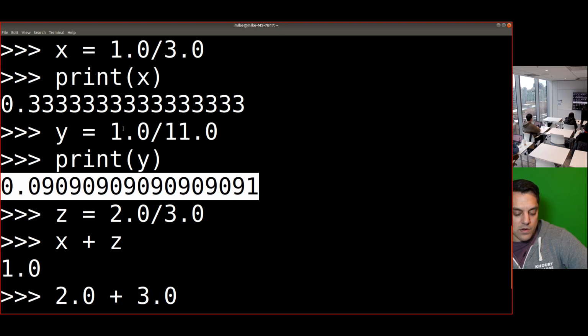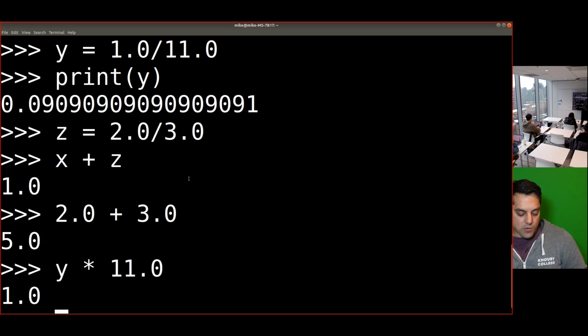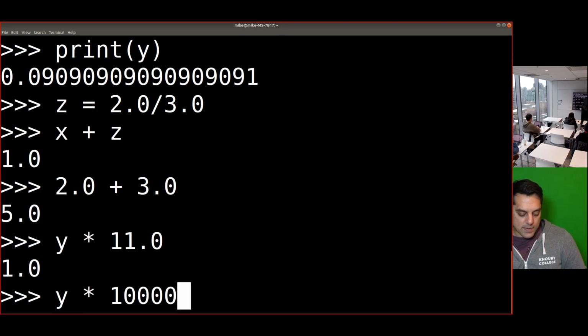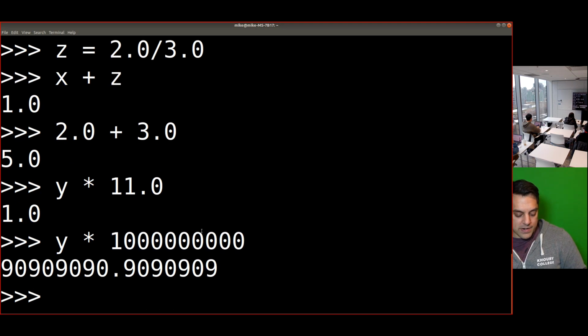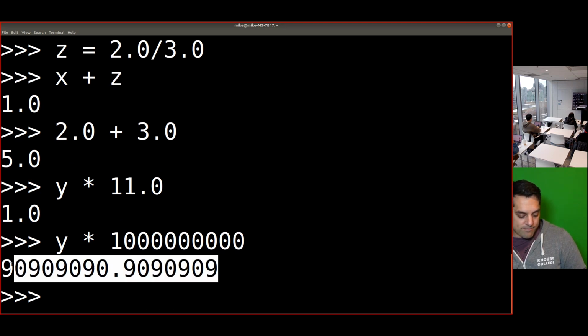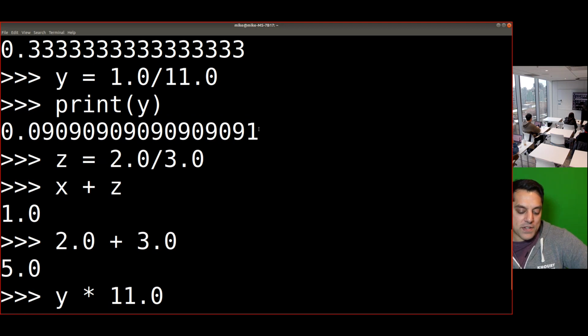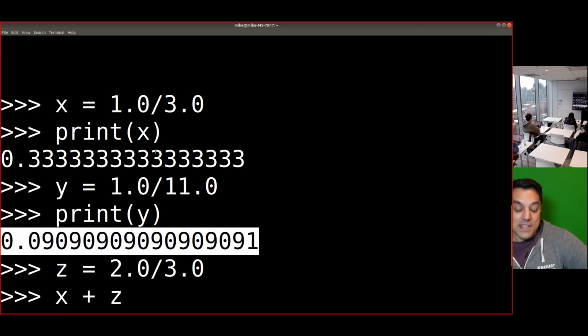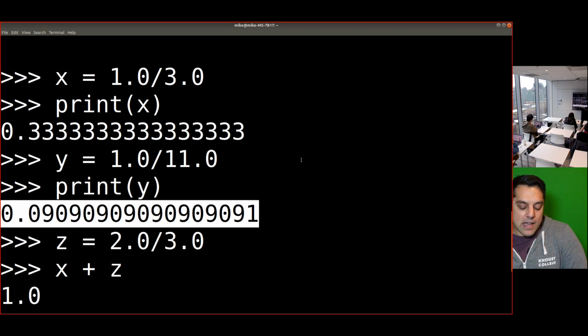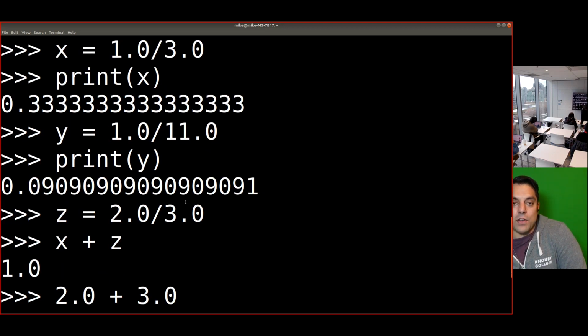Maybe I could do like Y times some really big number here. Basically, the problem is I can't represent every possible digit of infinite length with floating point numbers or double precision numbers or anything of that nature, right?